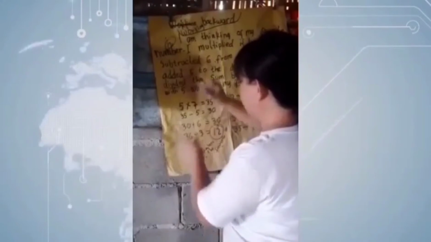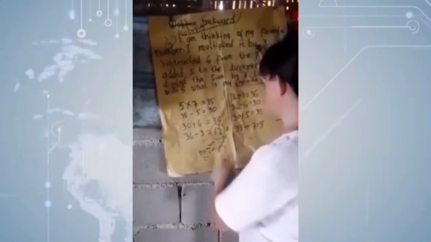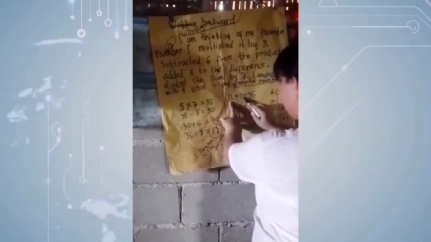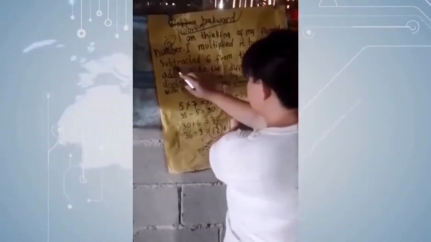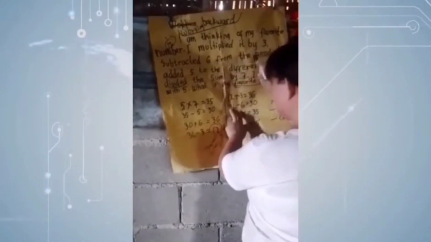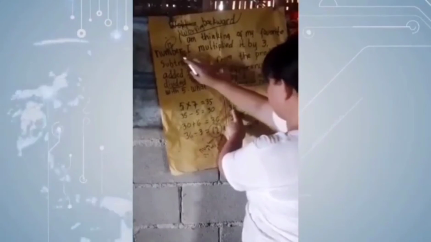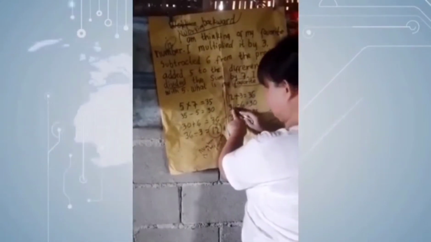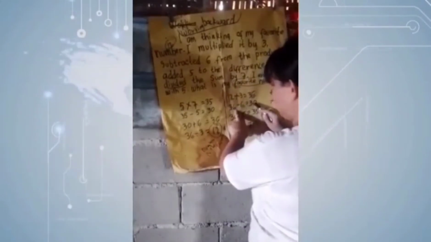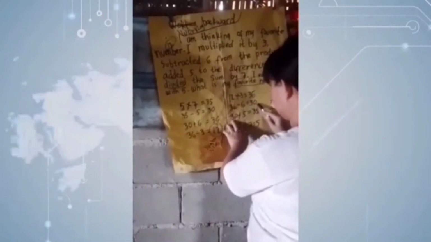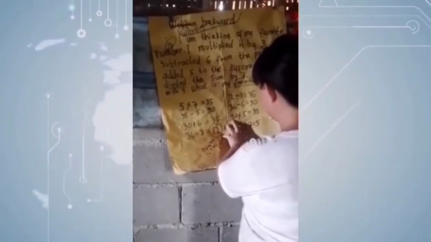So I multiplied it by 3. 12 multiplied by 3 is equal to 36. And subtracted 6. 36 minus 6 is equal to 30. The answer is 30.